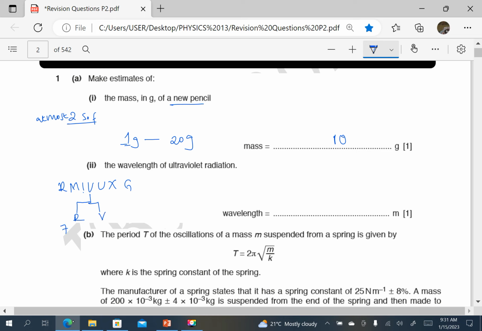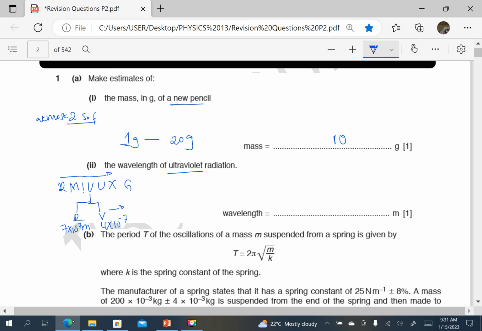Red is 7 times 10 power negative 7 meters, and violet is 4 times 10 power negative 7 meters. Now we want ultraviolet, which is on the other side of violet. That means the wavelength must be decreasing, so it should be less than 4 times 10 power negative 7.